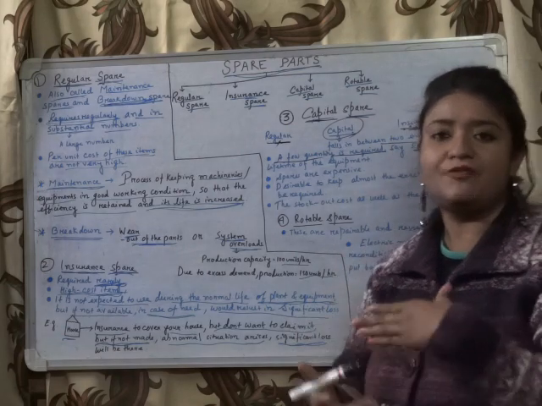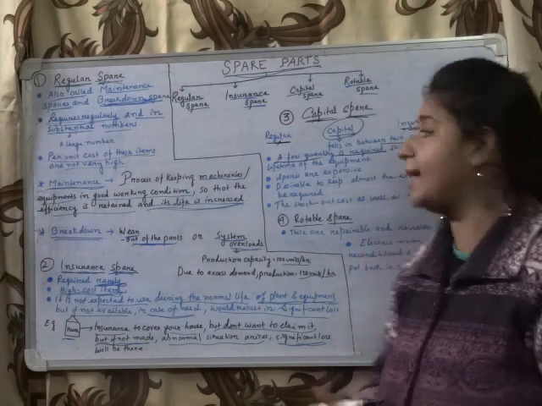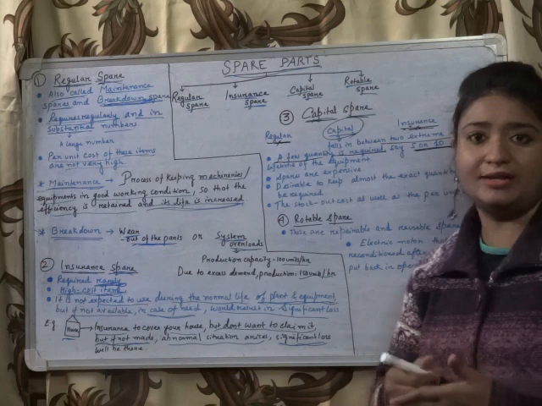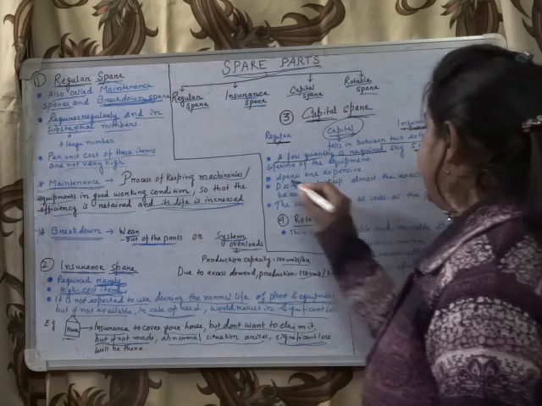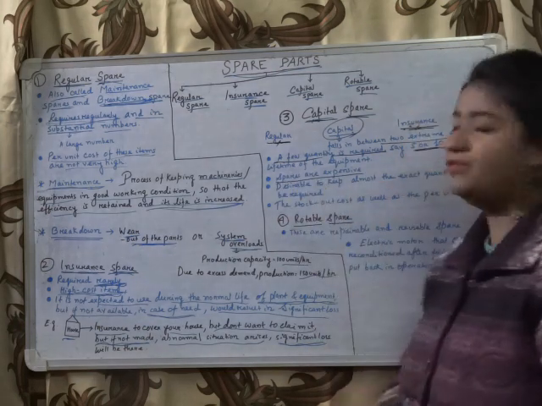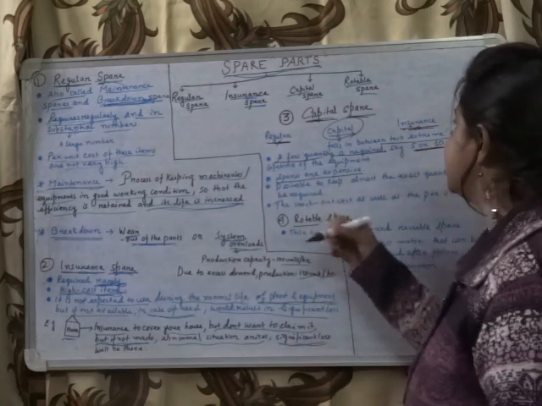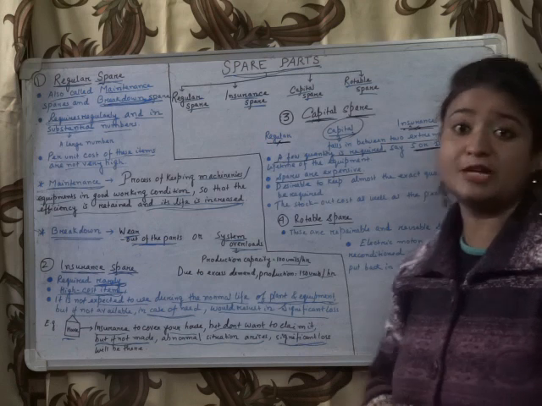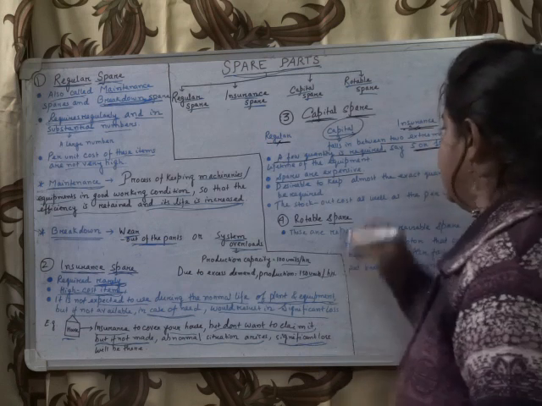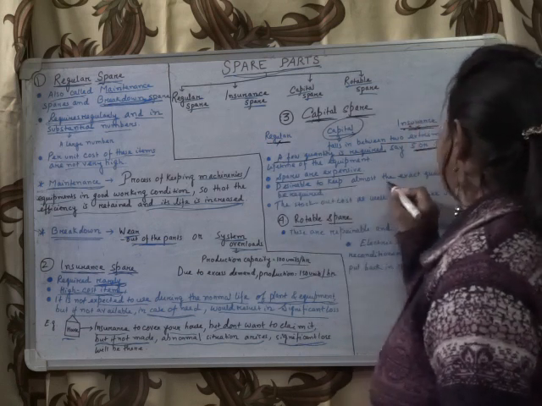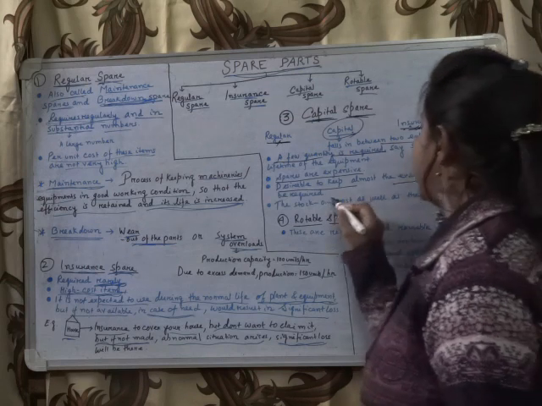Within that 5 years, we require only 5 to 10 capital spares. Then these spares are expensive. Obviously, they will be more expensive than the regular spare, as the name suggests itself that it is a capital spare, so capital in nature.